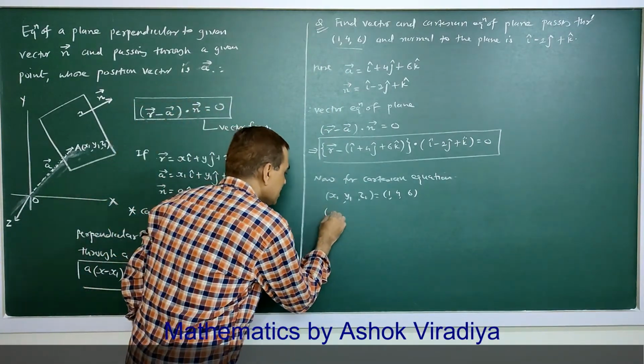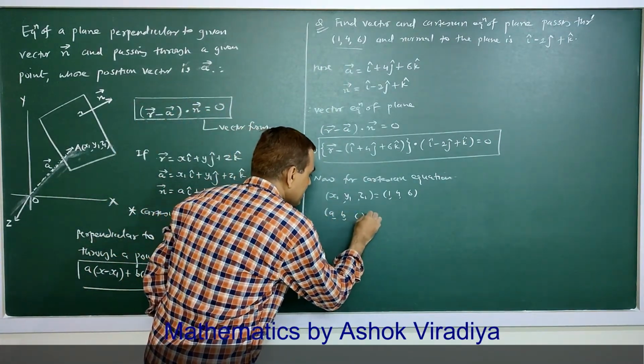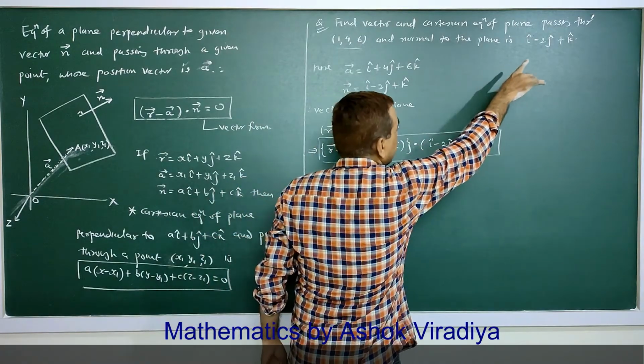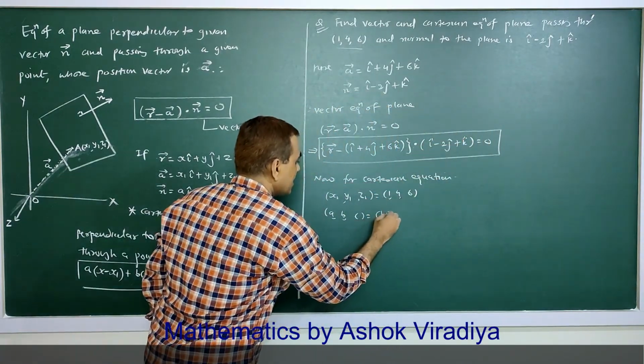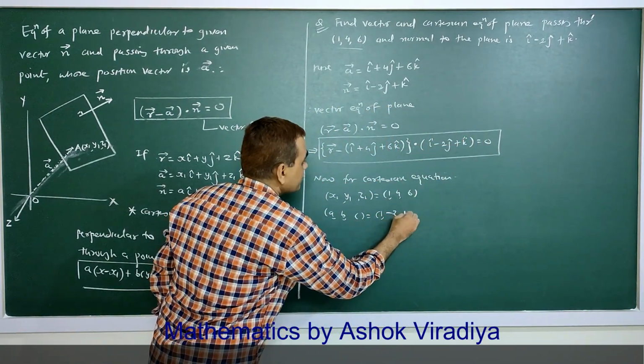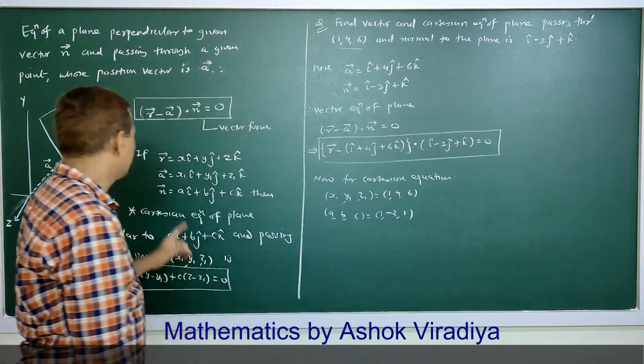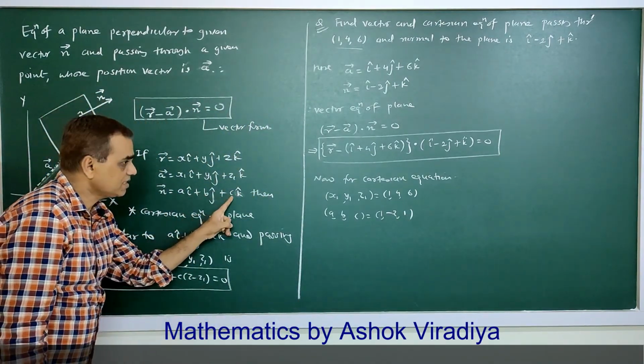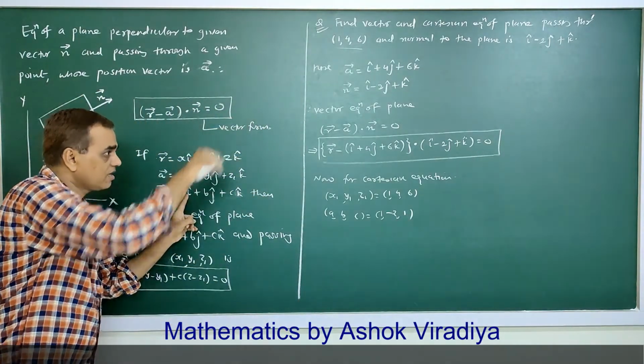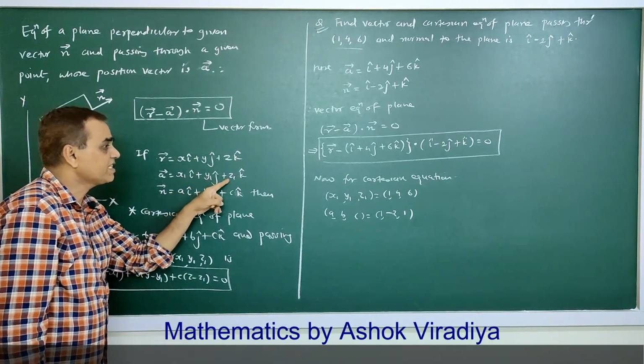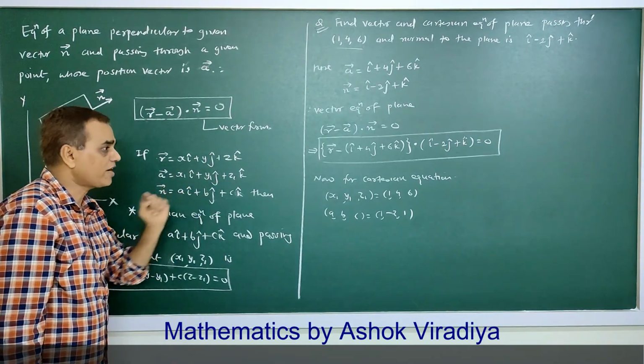Then a, b, c is 1, minus 2, 1. These are direction ratios of normal, a, b, c, that is from normal. x1, y1, z1, that is coordinates of given point.